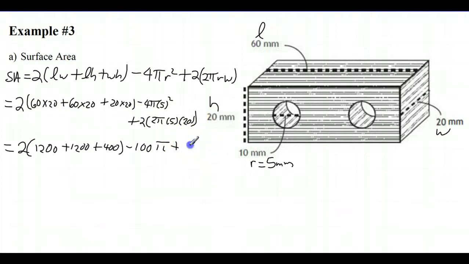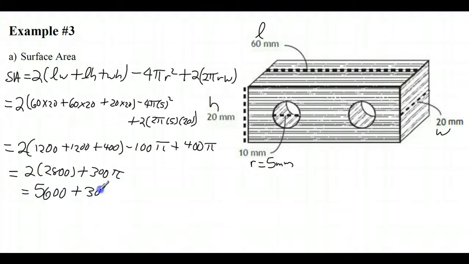So what have we got? 2,800 plus 300 pi. So that's 5,600 plus 300 pi.